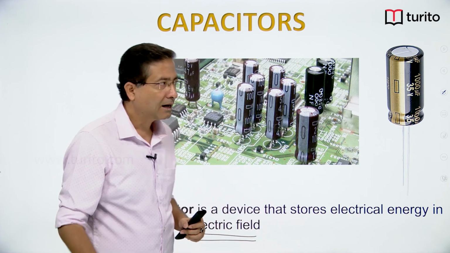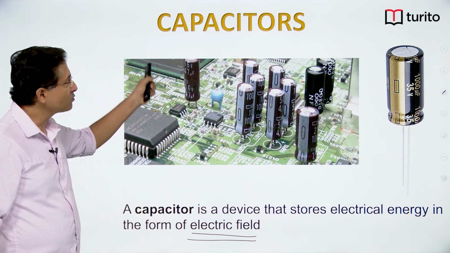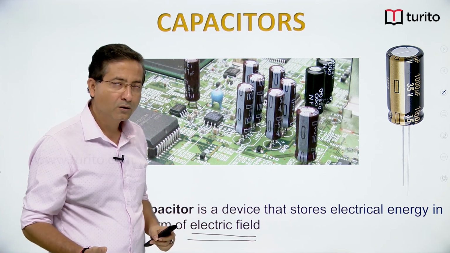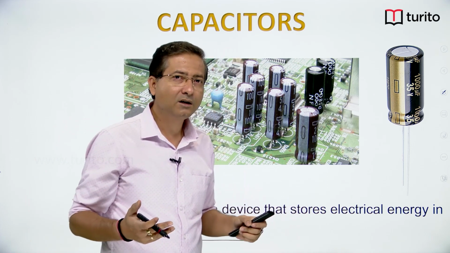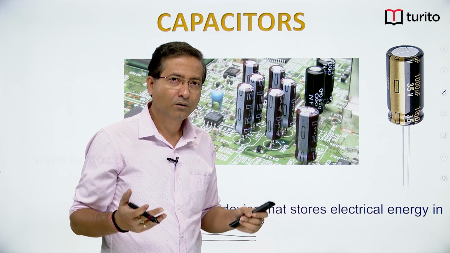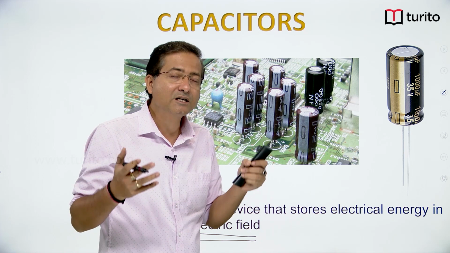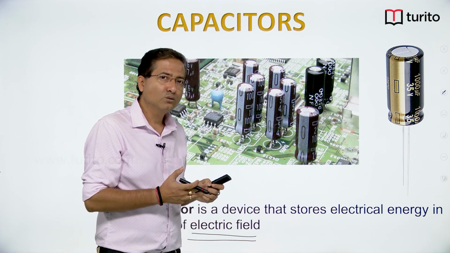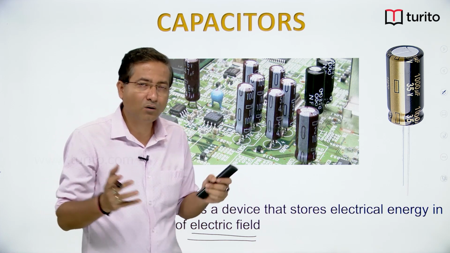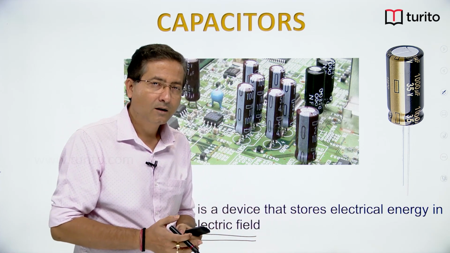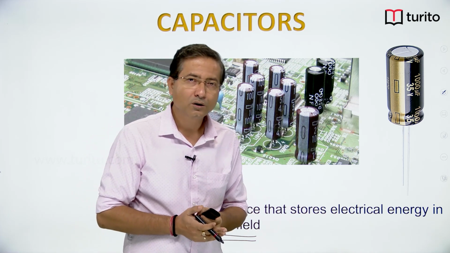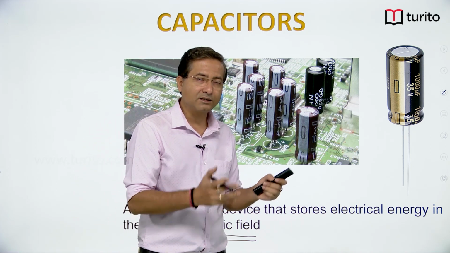So I define a parameter associated with a capacitor as capacitance. Capacitance is the measure of the ability of a capacitor to store charge or energy. The larger the capacitance, the higher its ability to store charge.